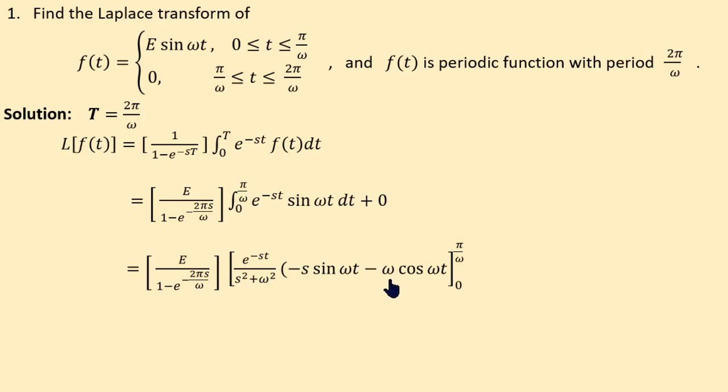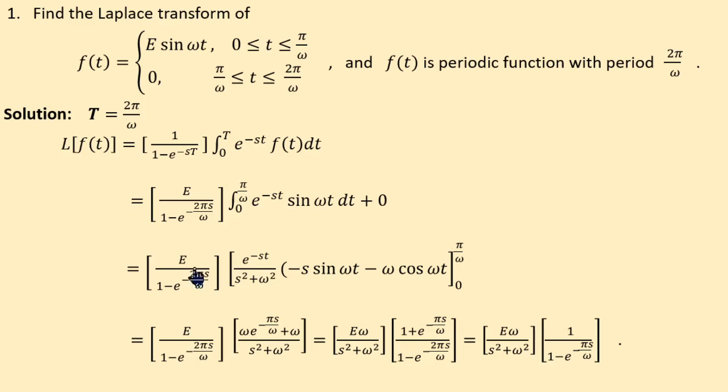And for the lower limit, e power 0 is 1, sin 0 is 0, cos 0 is 1, so the lower limit value is minus omega. Upper limit value minus lower limit value: minus of minus plus omega, taking omega outside, it becomes 1 plus e power minus pi s by omega divided by s square plus omega square.